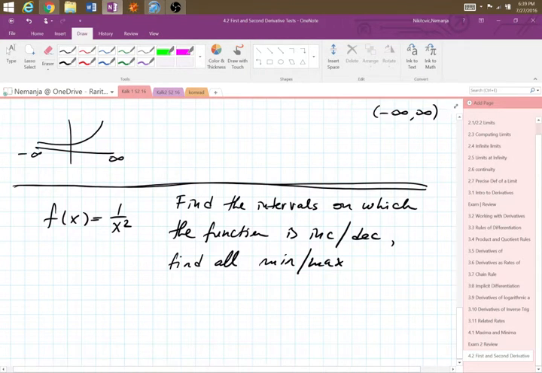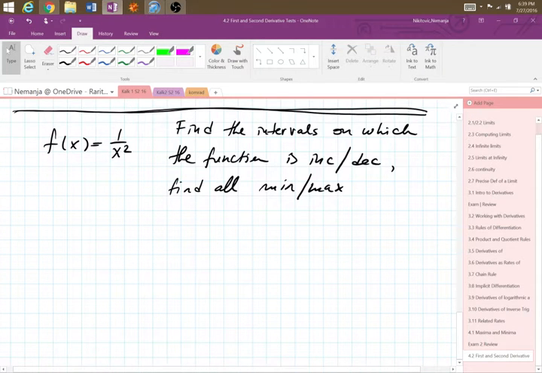Now, if you know how this function looks like because you memorized it, then you immediately have the answer to all of this. You write it out and you're done. But if you don't know how the graph looks like, and if you don't have the calculator, we have to figure out the whole procedure. So f of x is x to the minus 2.